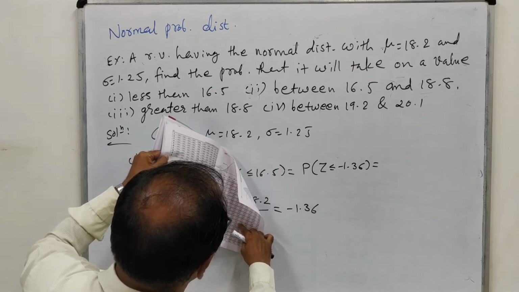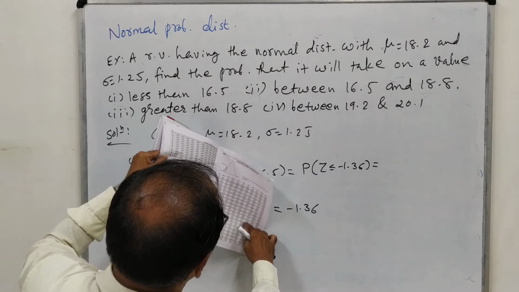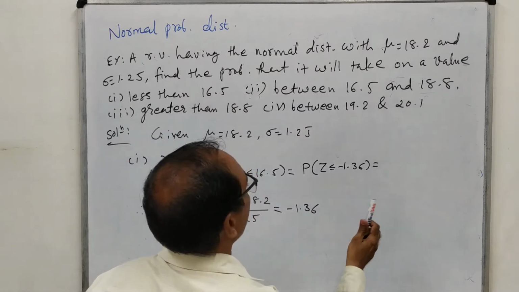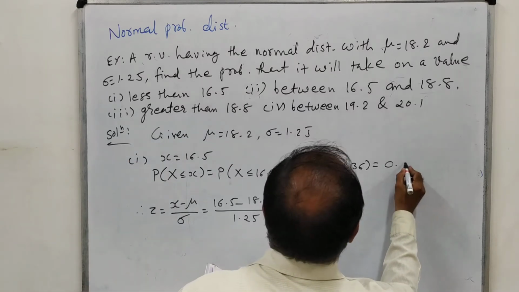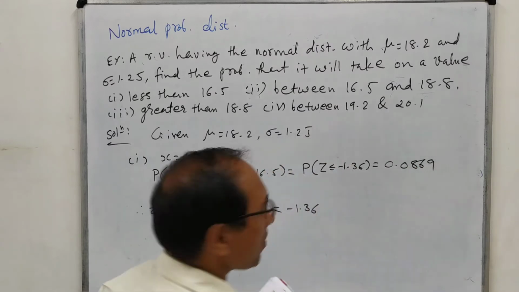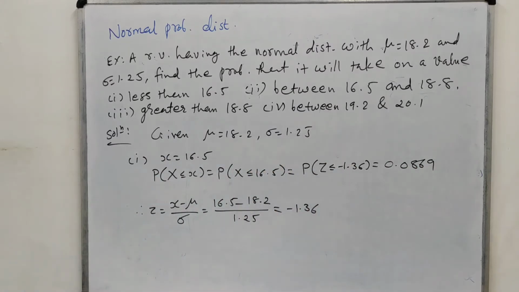Here we have 0.0869. So this is the probability, and you can do it very easily.